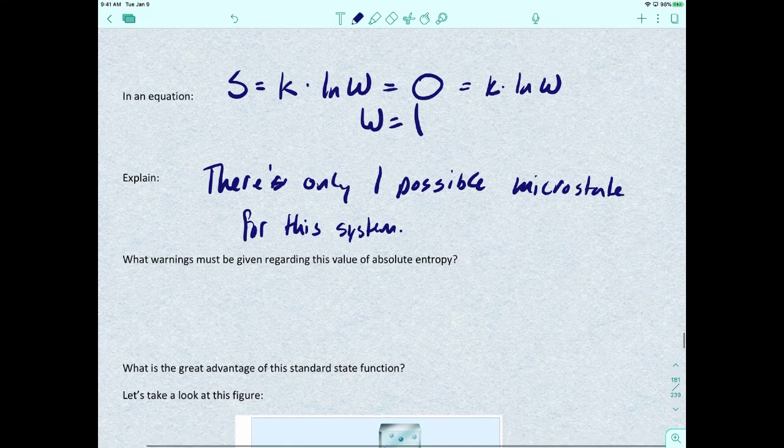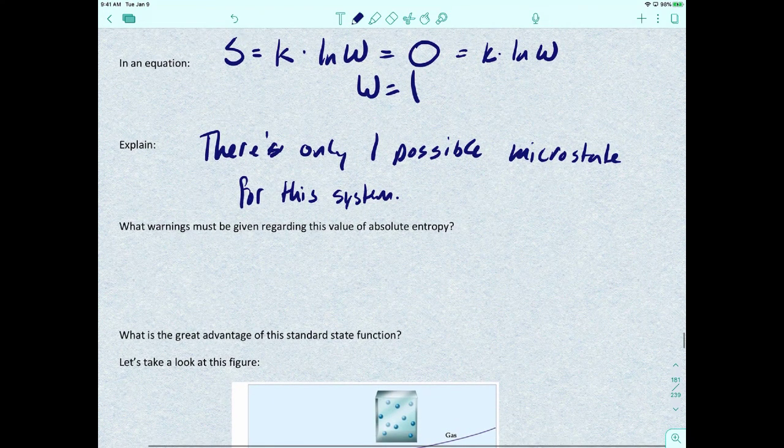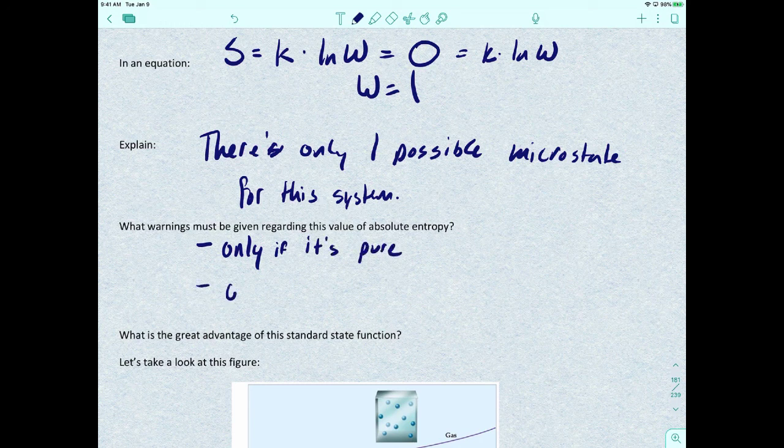All right, now, what warnings must be given regarding this value of absolute entropy? Now, this only works if it's pure, and only if it's a pure crystal.